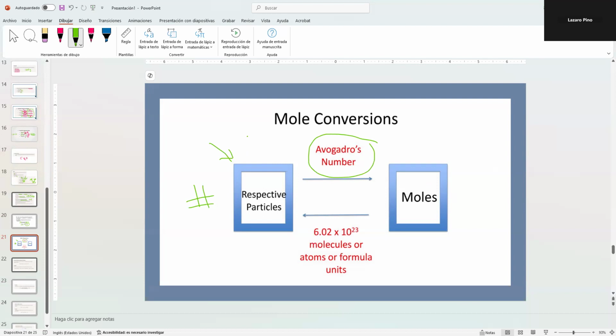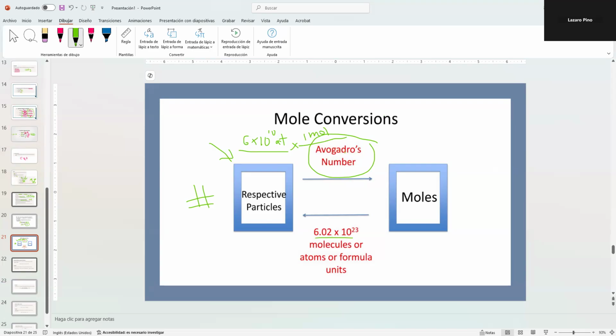For example, if you have 6 times 10 to the 10 atoms of hydrogen or whatever, then you divide by Avogadro's number. You can say that 1 mole is, and then down you put the Avogadro's number. That is the number that we studied before.